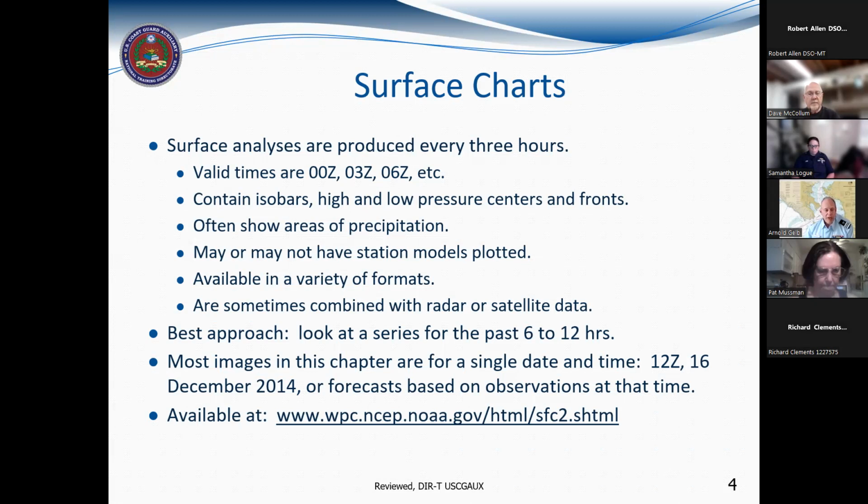And in these examples, in the chapter from your book, most are for a single date and time from December 2014 as indicated, or are forecasts based on observations at that time. And there's a link available for you to have for study.